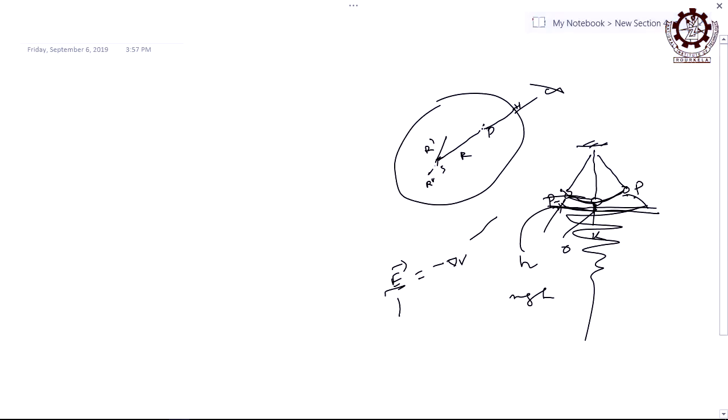So it all depends on the distance from the source charge, where it is, right? It is a function of position. The potential is a function of position, not position vector. Try to differentiate it, not position vector, because potential itself is a scalar, but depends on position, right?